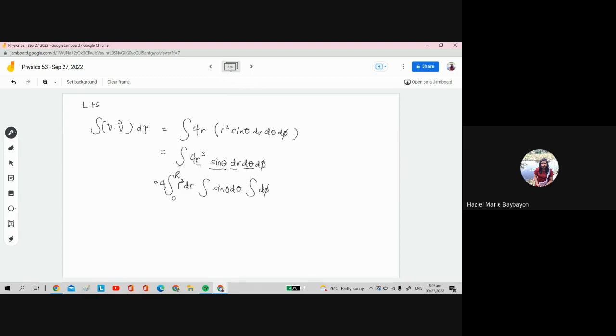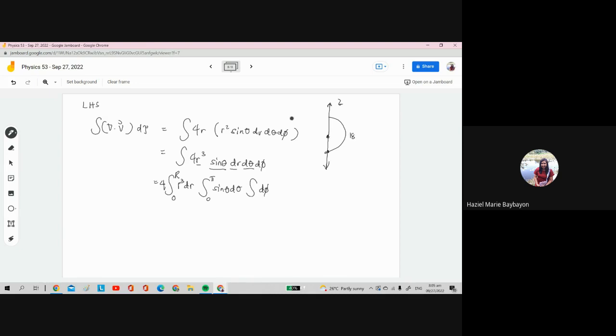Since we are considering the whole sphere, your theta, class, is from 0 to pi, 0 to 180 degrees, because remember that theta spans from the positive z-axis towards the negative z-axis.